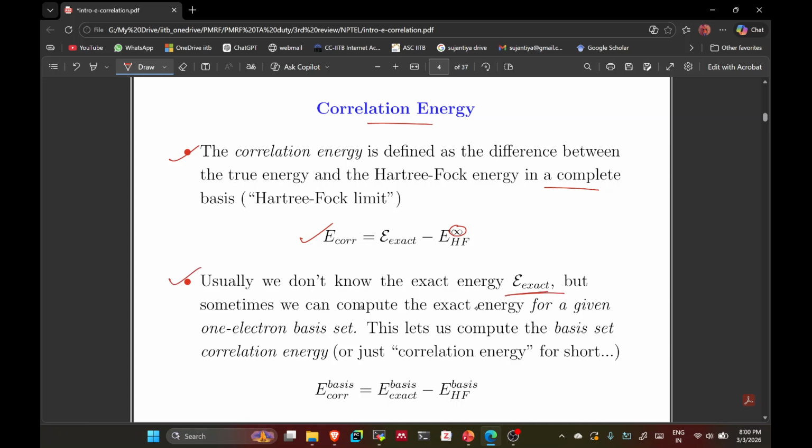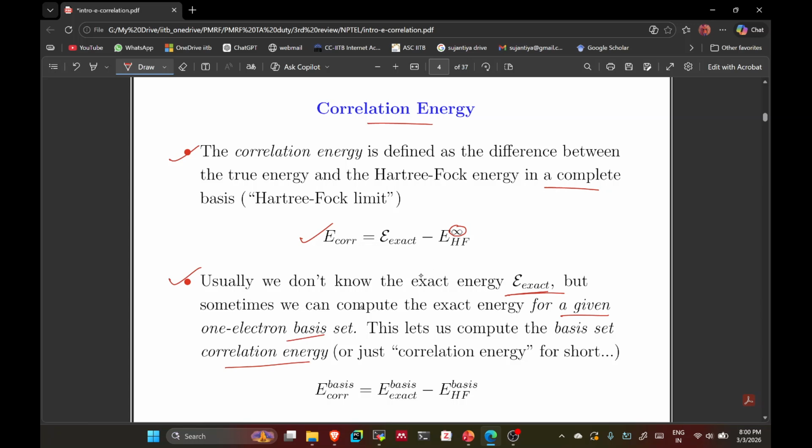Sometimes we compute the exact energy for a given one-electron basis, which is basically your full CI or higher-order coupled cluster, depending on various factors. You can consider the full CI in a given one-electron basis. This lets us compute the basis set correlation energy.